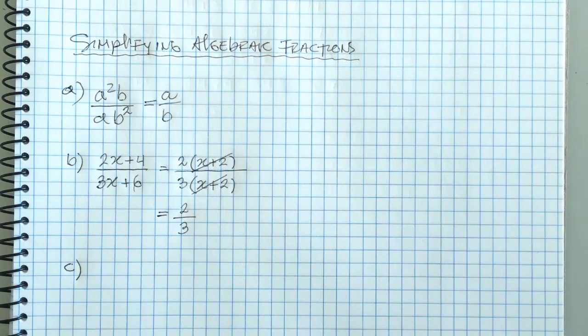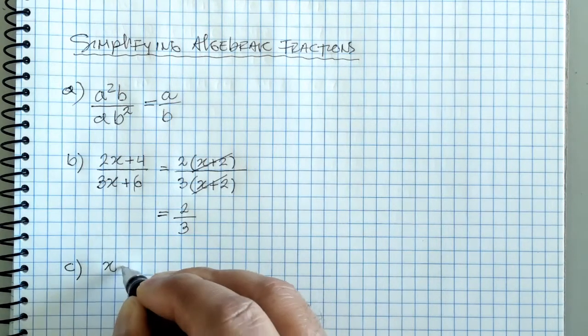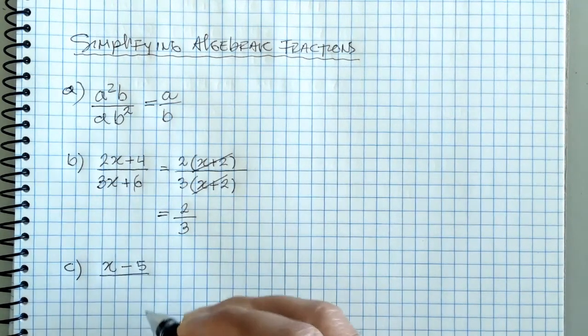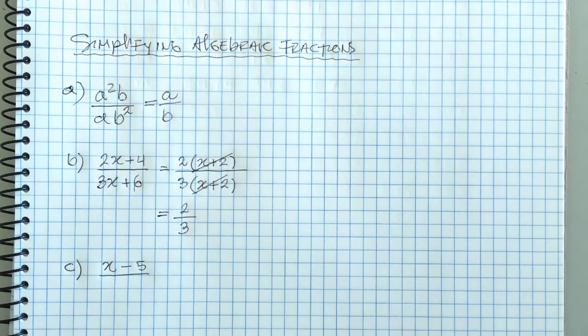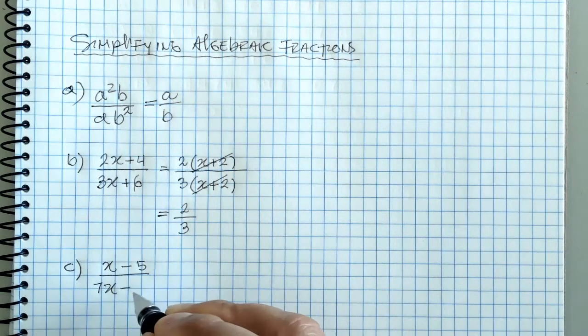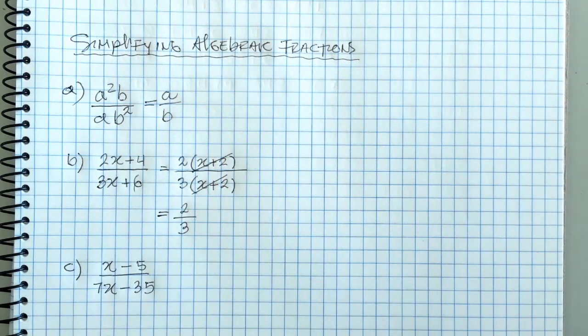Let's say that you have now x minus 5 divided by 7x minus 35. Right, let's say that you have something like that.